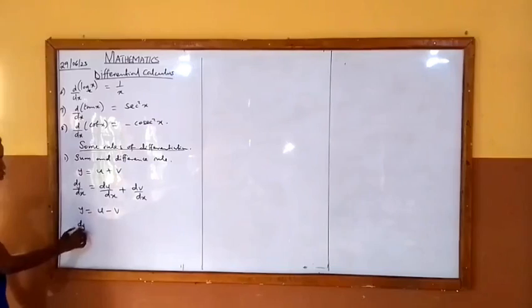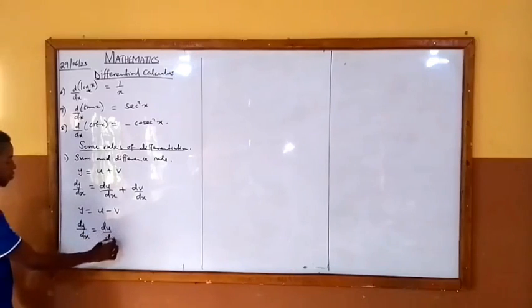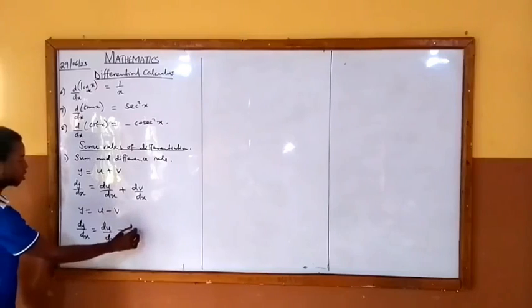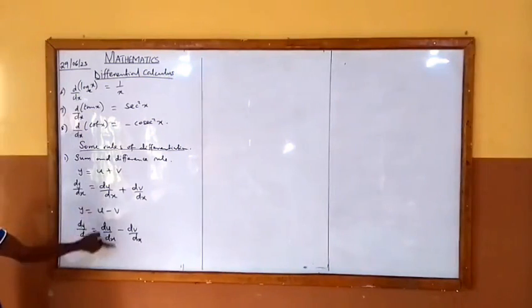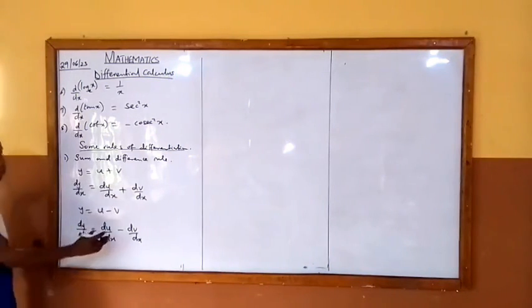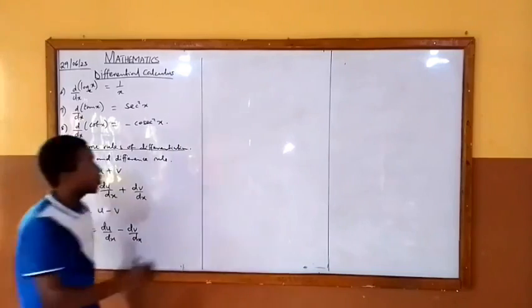our dy/dx as well will be du/dx minus dv/dx. And sometimes the two signs might be joined together in a function. So let's look at an example here.